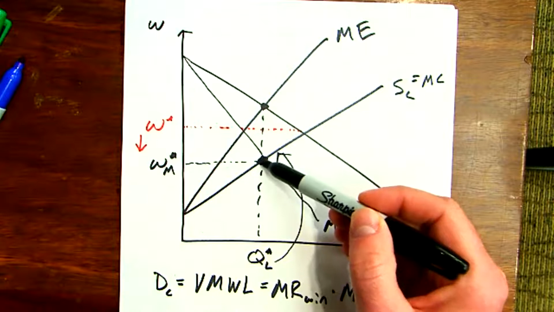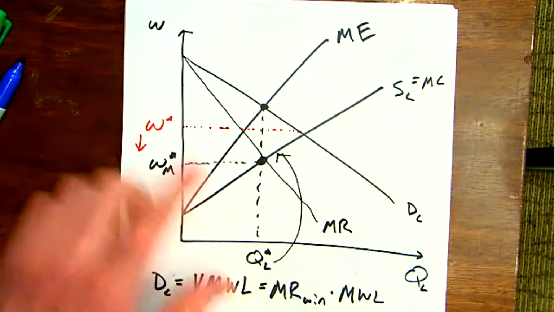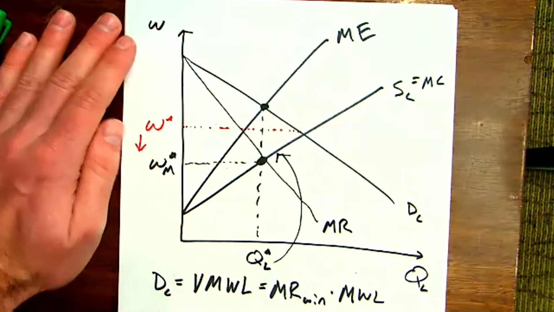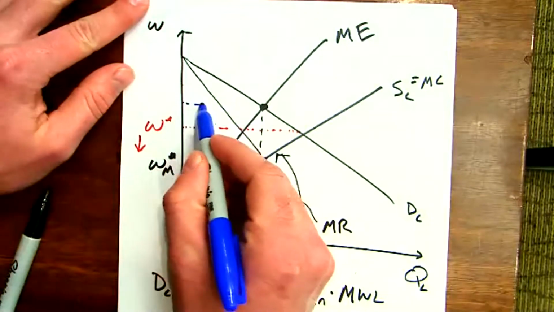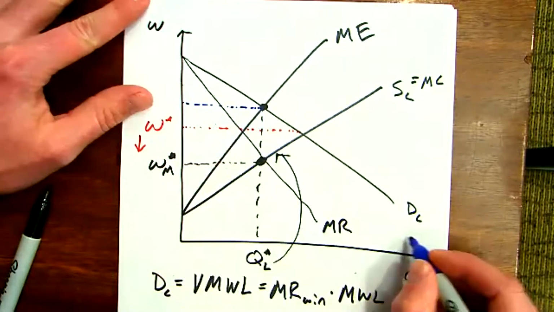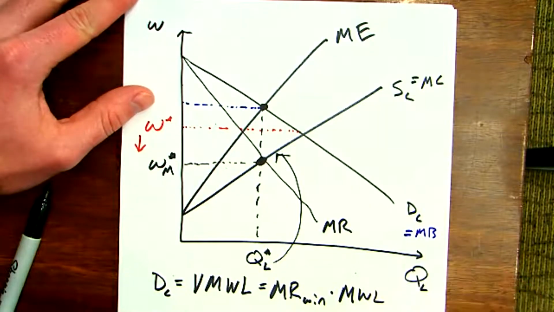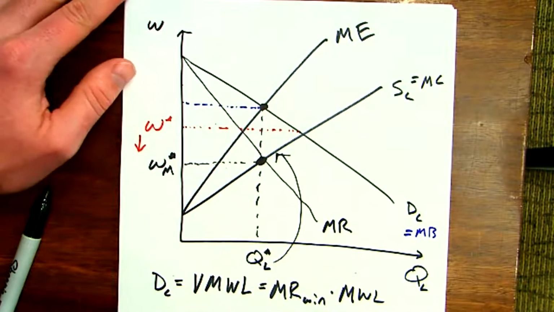However, the player union doesn't want a low wage. They know that if they can force quantity to be down here, the wage that the teams are willing to pay would be the point they're at on their demand curve, because the demand reflects marginal benefit. And in the context of the labor market, what is the marginal benefit? It's the value of the additional wins that players bring in.